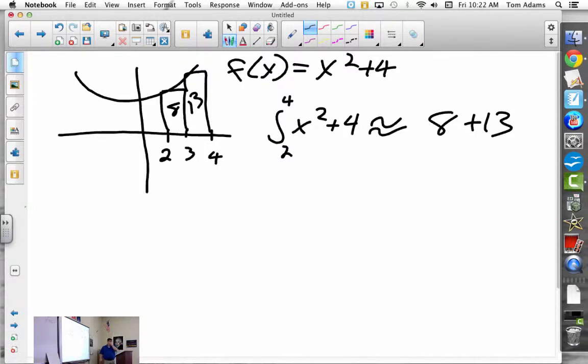Yep. There's 21. Okay? But when we did that, it's not exactly what it is because I've got those little triangles that we didn't calculate. Does that make sense? Okay.